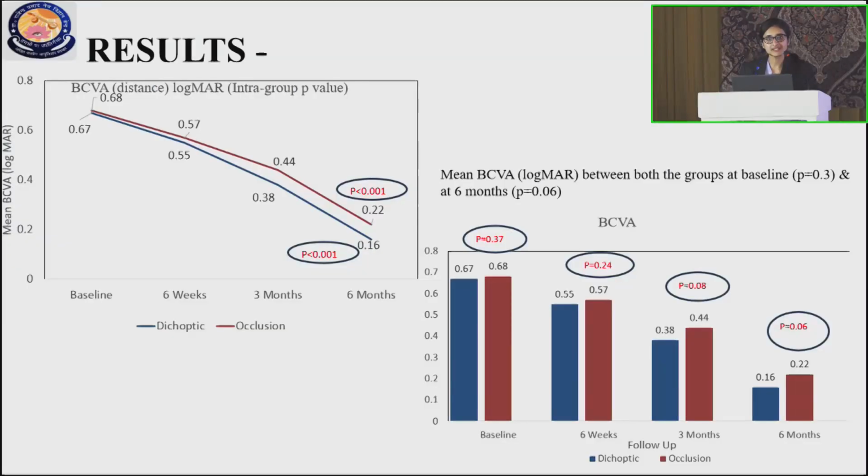We concluded at the end of 6 months that the age and demographic profile in both the groups were comparable. The best corrected visual acuity in both the groups improved from baseline to 6 months after the end of the intervention, although it was statistically non-significant when compared between both the groups.